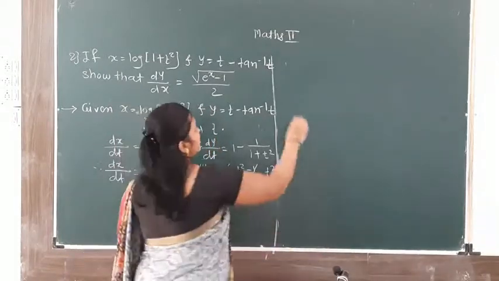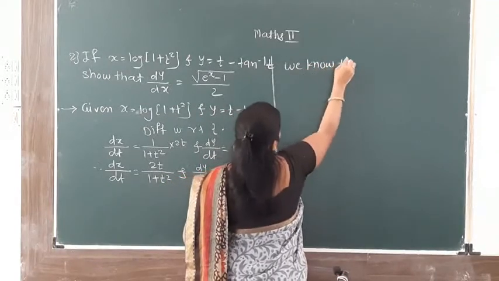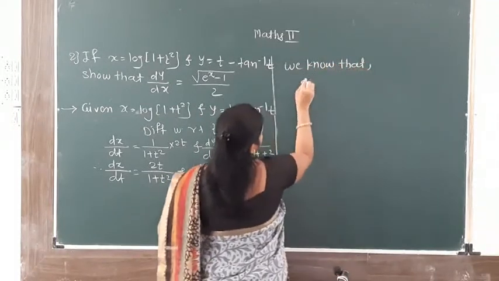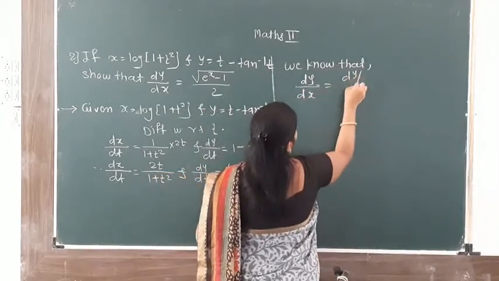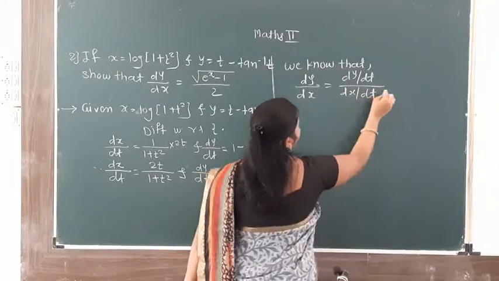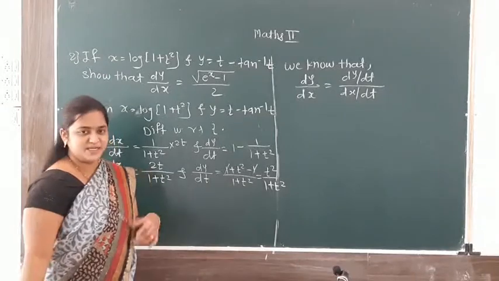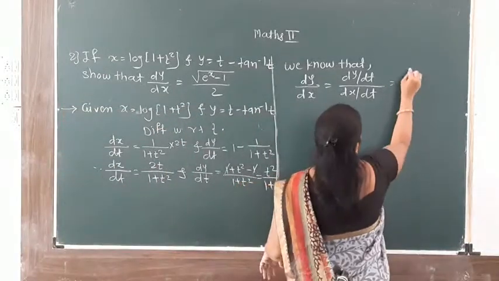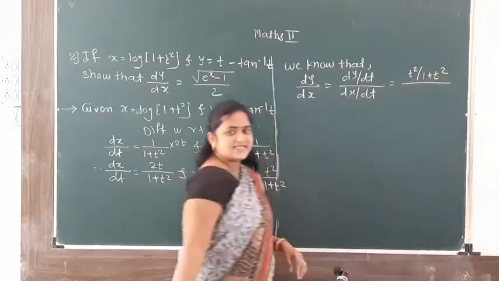Now we know that dy by dx is equal to dy by dt divided by dx by dt. So substituting the values, what is dy by dt? t square divided by 1 plus t square. And what is dx by dt?